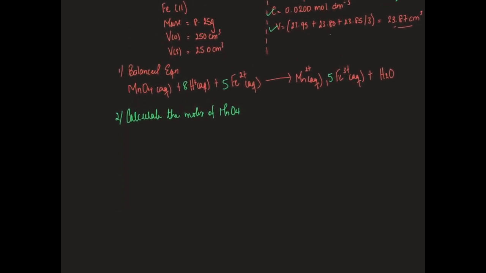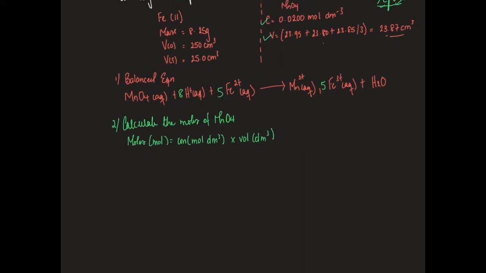So again, we can go ahead and write that equation: moles, and the unit is mole, is equal to concentration in mole per cubic decimeter, multiplied by the volume in cubic decimeters.